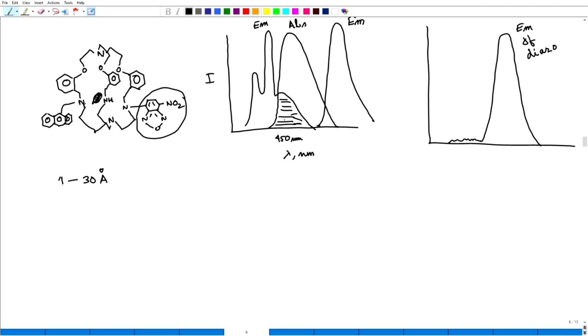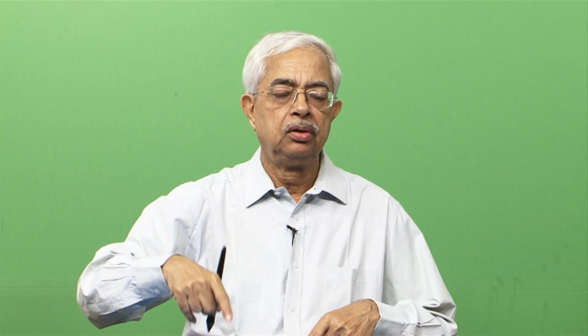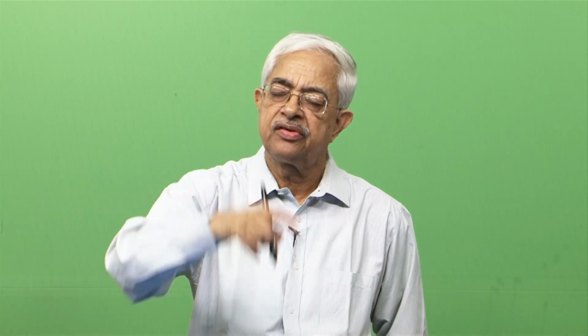In that case, when we excite the anthracene fluorophore, it will be excited and then it will emit, but I do not see its emission spectrum. Why do I not see its emission spectrum?